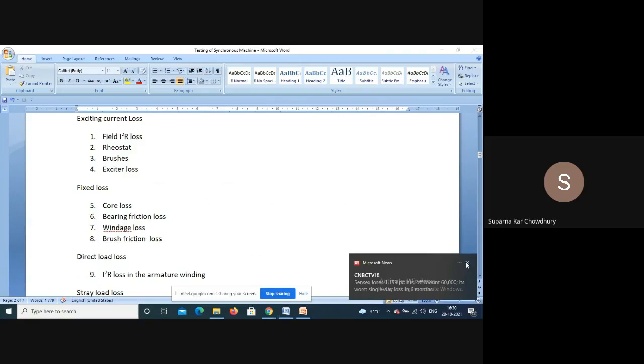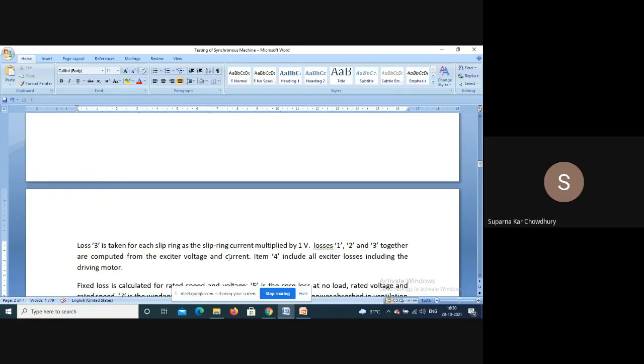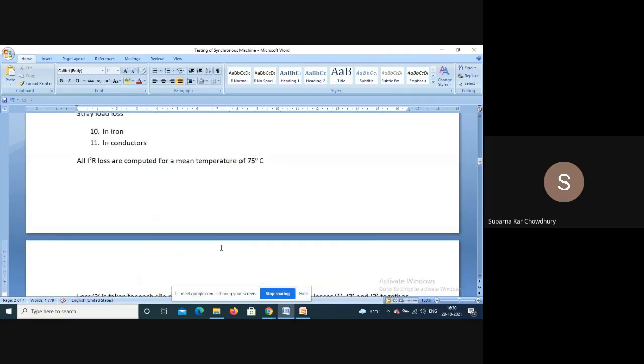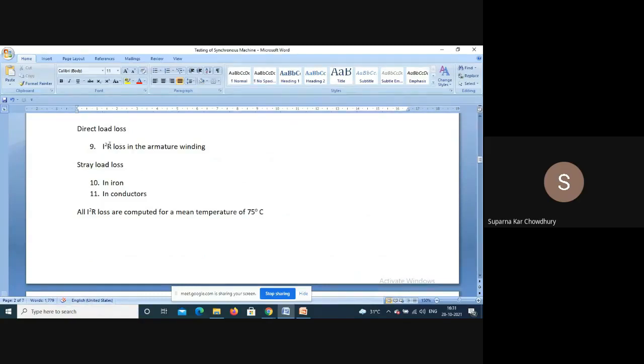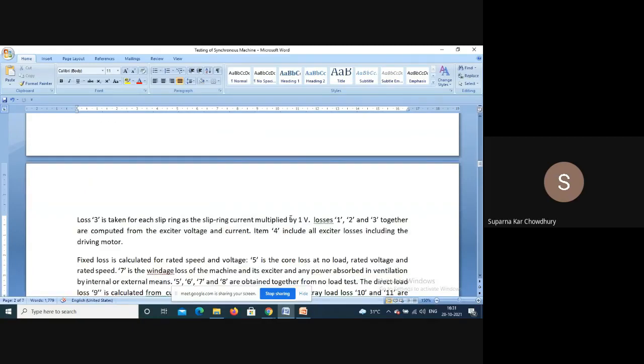This portion can be separated. I square R loss, actually for machines what is done, we have measured the resistance, and I square R loss is computed for 75 degrees, taking it proportional to I square, the load current square.